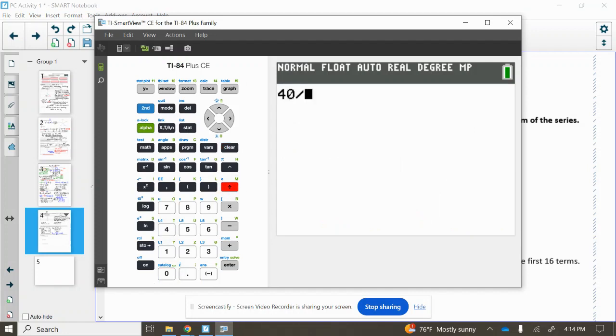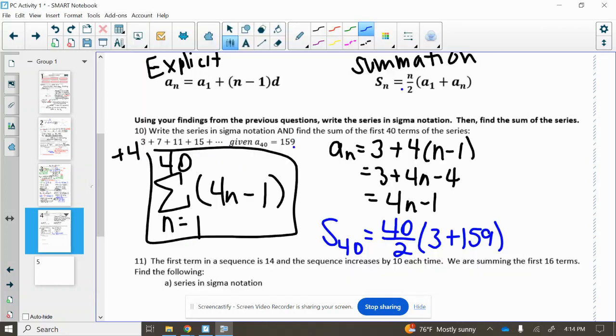So n divided by 2, first term value of 3, plus the 40th term value of 159, gives us a total of 3,240 as our total sum value of all those terms.